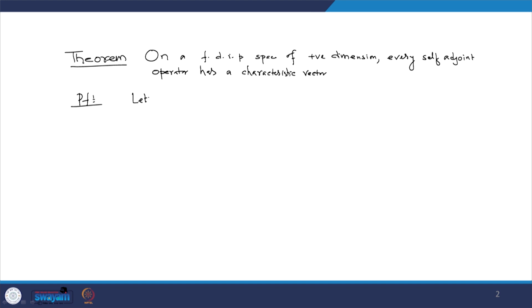Let V be a finite dimensional inner product space.